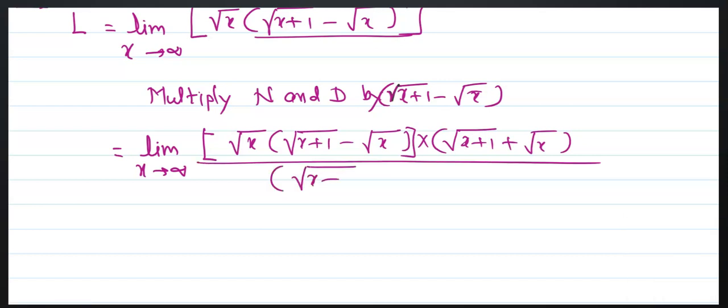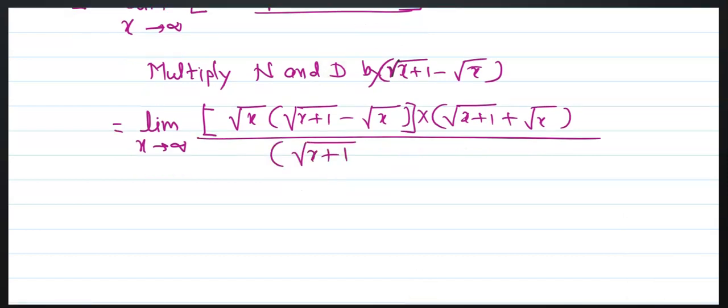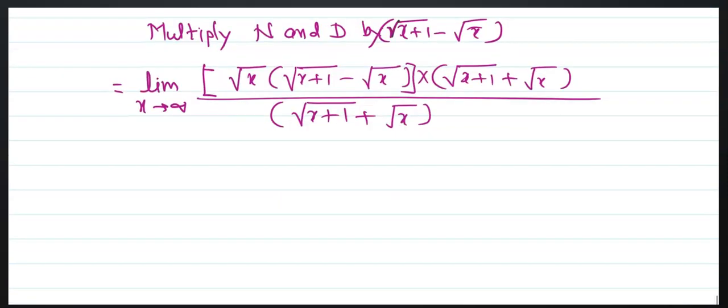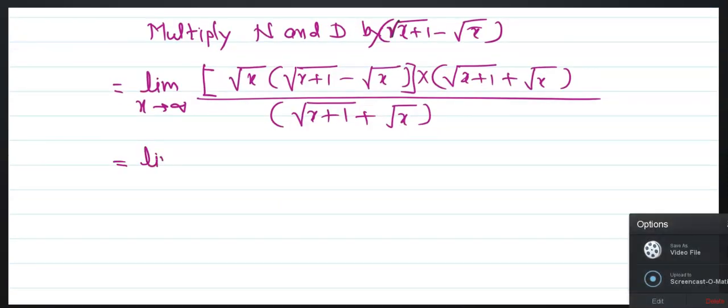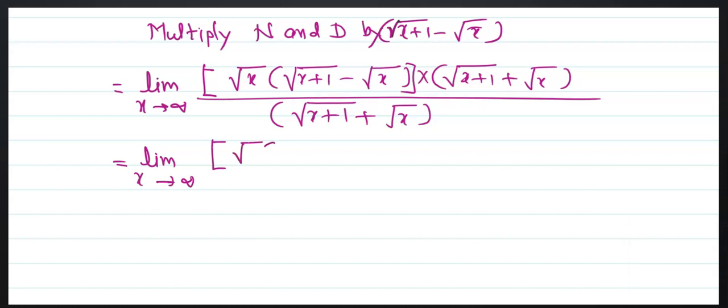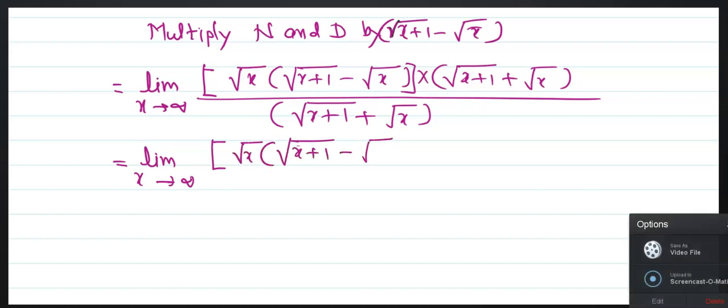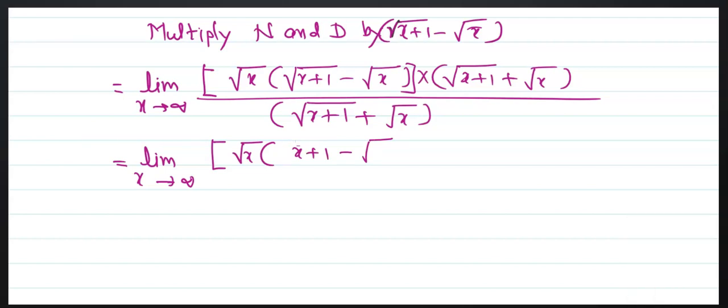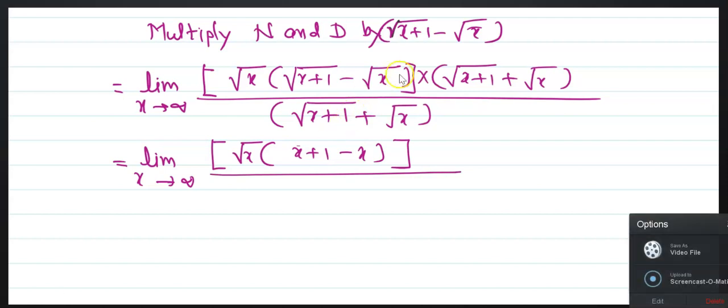Now next is, therefore, root of x plus 1 minus root x into root of x plus 1 plus root x, that is (a − b)(a + b).